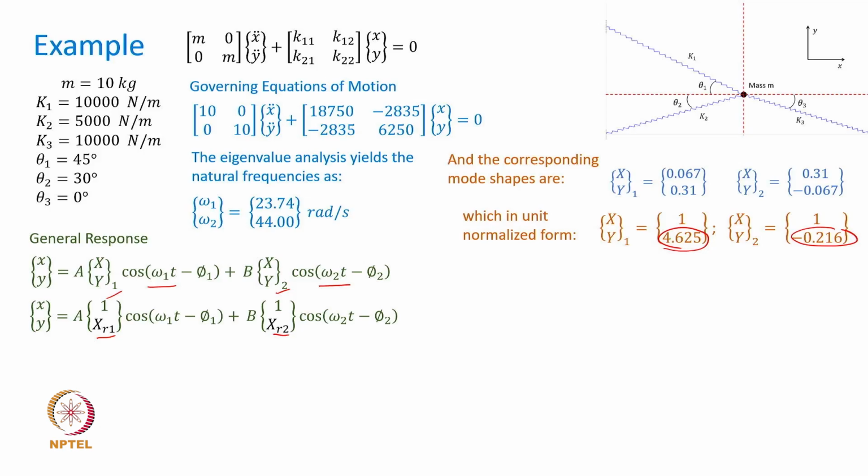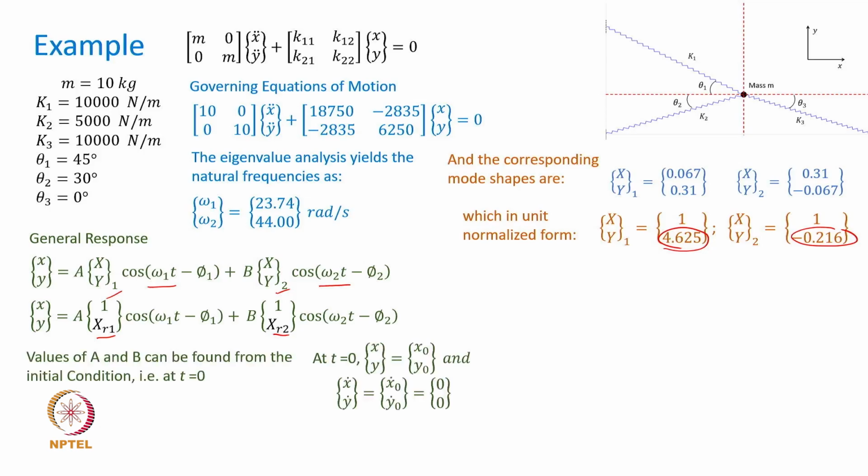We need to find out the values of a and b and phi 1 and phi 2. This also was discussed for the 2 degree of freedom system, but what we do is assume x naught and y naught as the initial displacements given to the mass m in the x and y directions at t equal to 0, and assume that the velocities at t equal to 0 are 0.